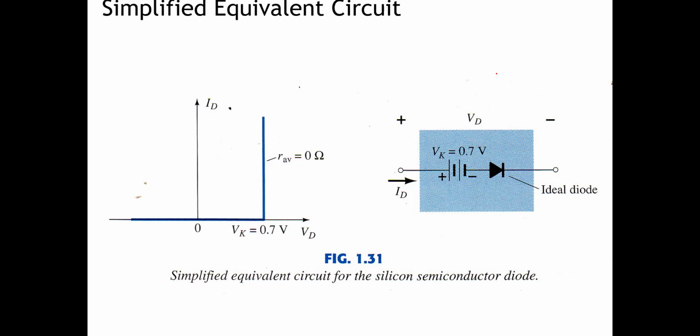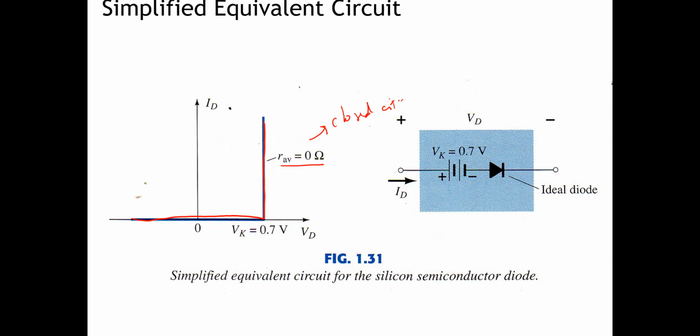And then this is the simplified equivalent circuit. We imagine that RF is like a closed circuit, so RF becomes 0. So Vk is 0.7, like this one. In the simplified equivalent circuit, we don't apply any resistor here because we assume that RF is 0, like a closed circuit.